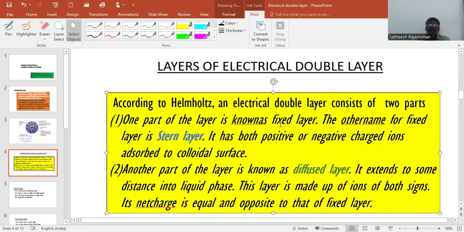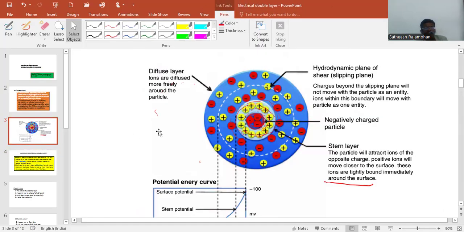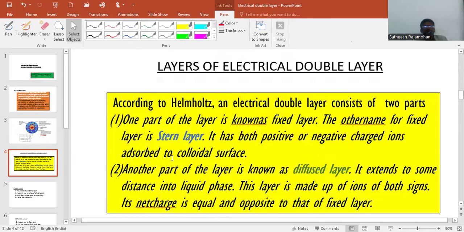The Stern layer has either positively or negatively charged ions adsorbed to the colloidal surface. In this diagram, I have shown only the positively charged ions bound to the negatively charged colloidal particle.